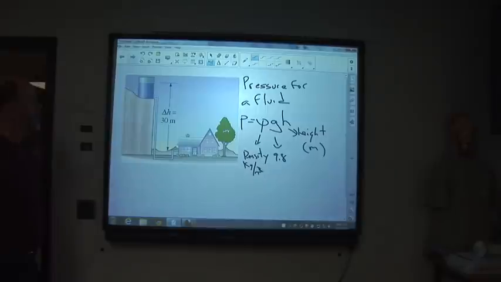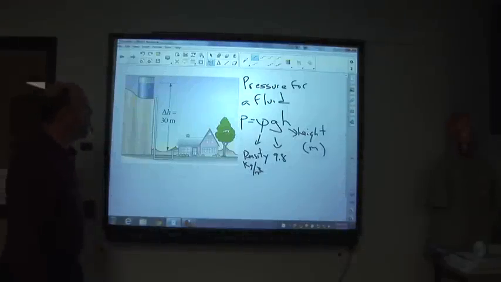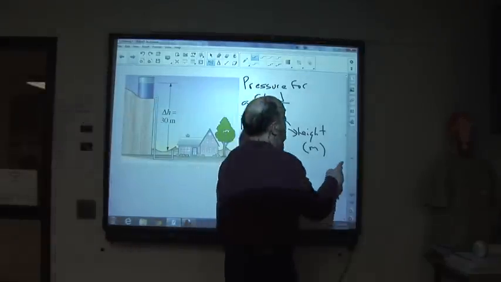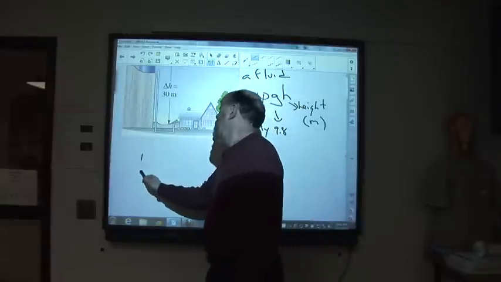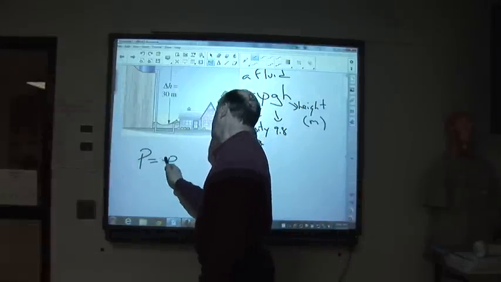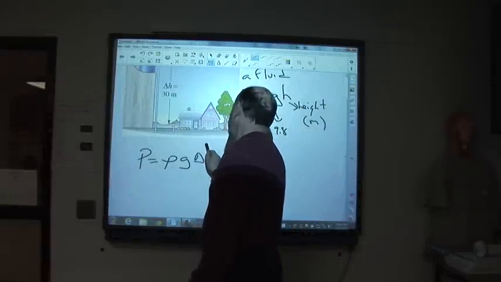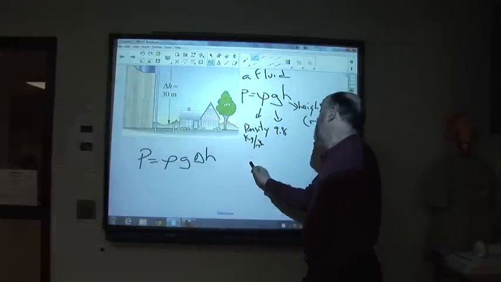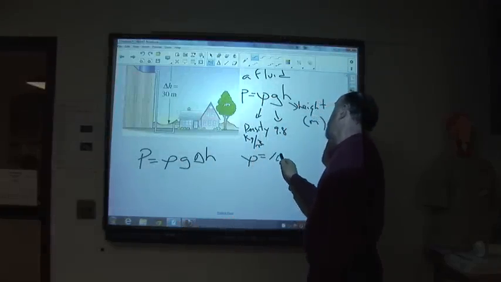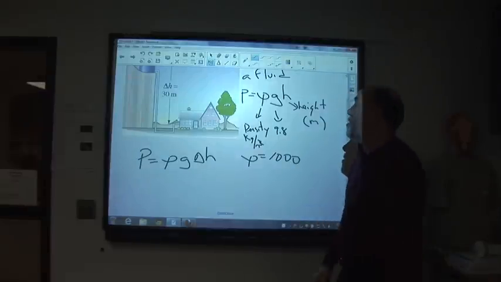In this scenario we have a water tower and a pipe. We want to know how much pressure is being delivered to this pipe down here that feeds into the house. The pressure will be given by rho g delta h. For water, the density is 1,000, as I had up earlier.